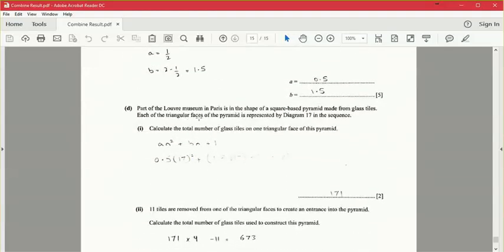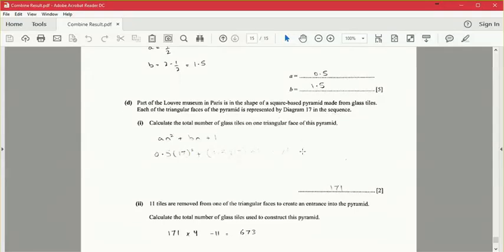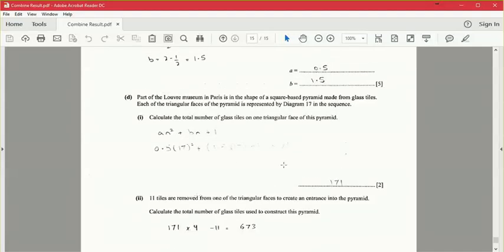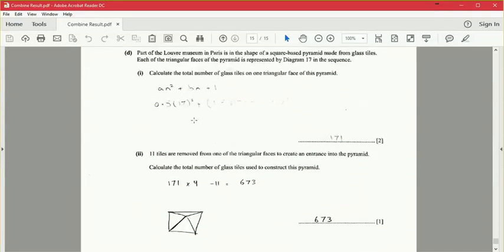Then a museum in Paris is in the shape of a square-based pyramid made from glass tiles. It has a square here as the base, and it has the shape of a pyramid from glass tiles. Each of the triangular faces of the pyramid is represented by diagram 17 in the sequence.